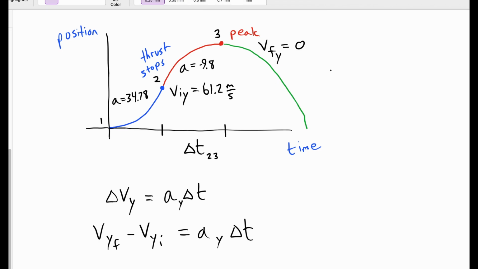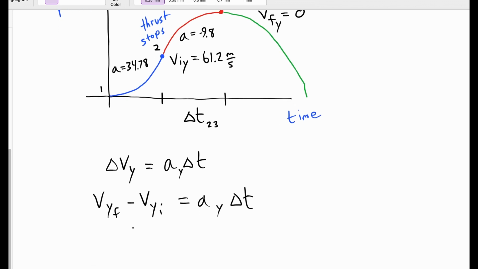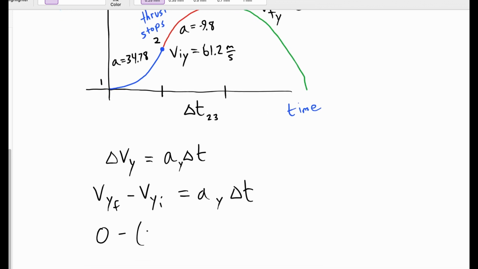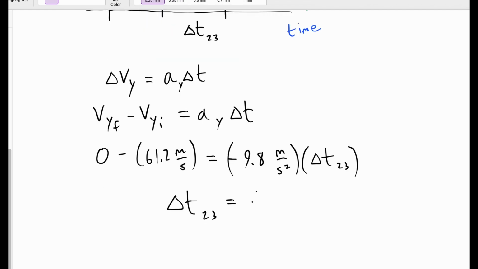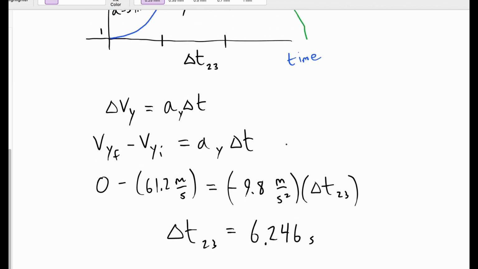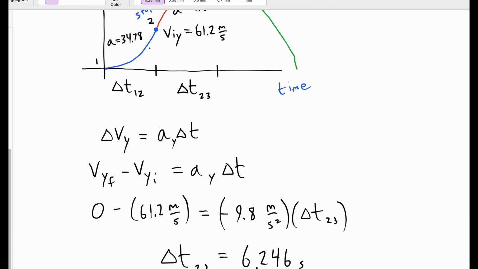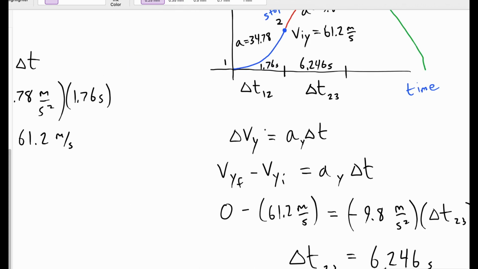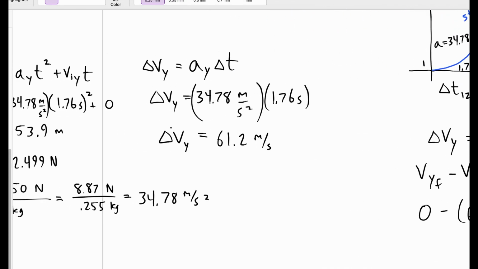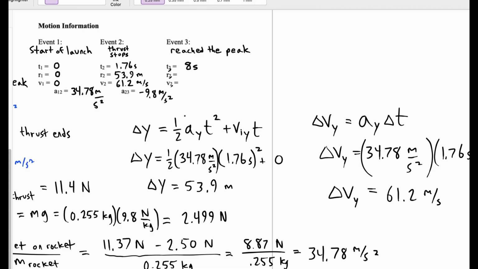Okay, so we just have to plug the values in now. 0 minus 61.2 equals negative 9.8 times delta t. We'll solve for it. 6.246 seconds. This first delta t was 1.76 seconds. So we have to add these two together then. 8 seconds even. It takes 8 total seconds to reach the peak.